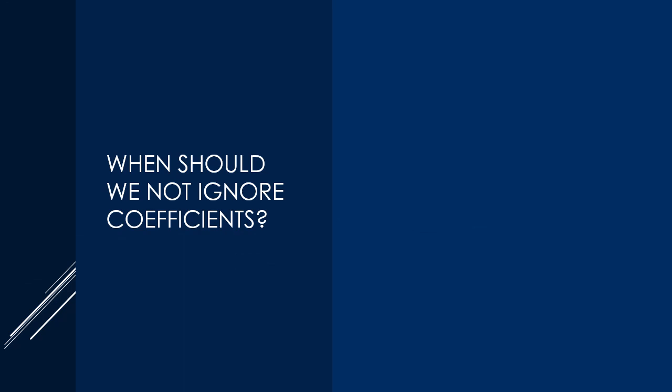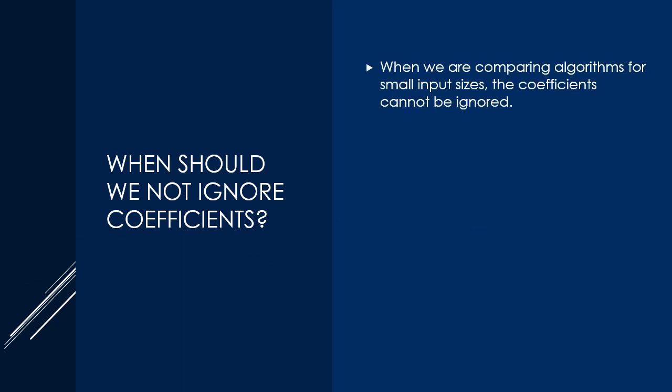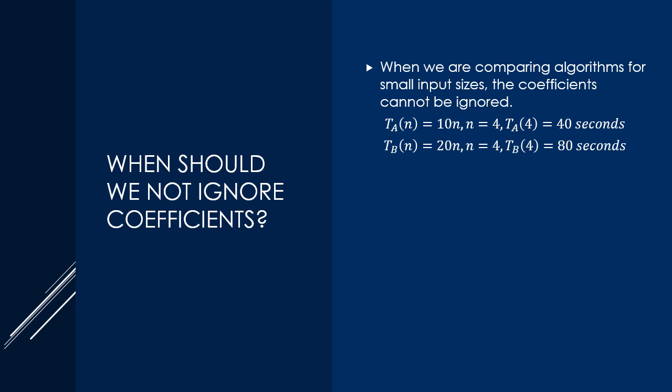So when should we not ignore coefficients? When we are comparing algorithms for small input sizes, the coefficients cannot be ignored. My first algorithm has a running time of 10n and n is 4, so it takes 40 seconds. My second algorithm has a running time of 20n and it takes 80 seconds to execute.